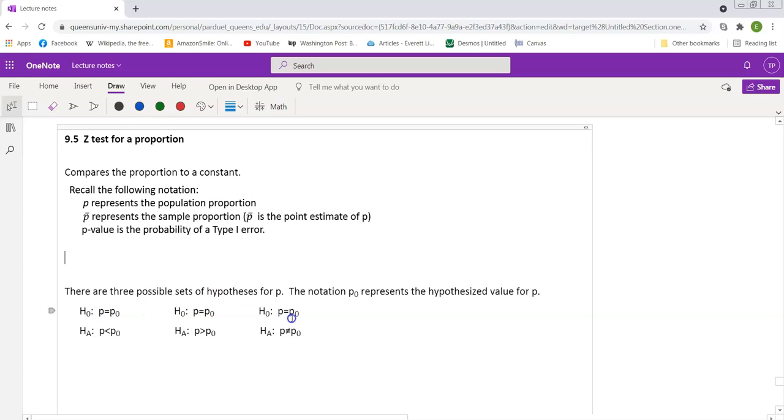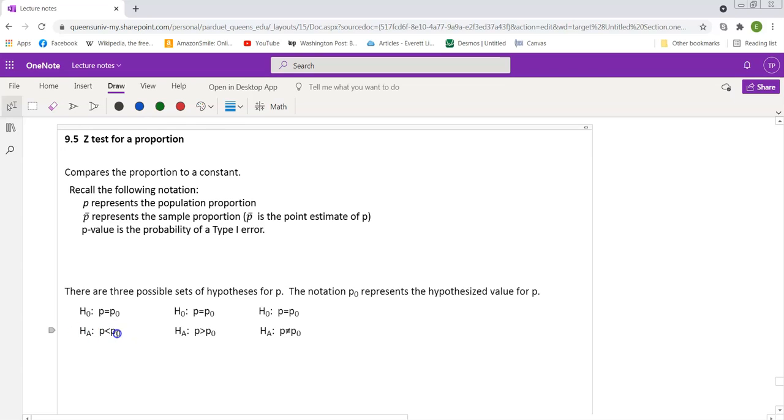So for all of these, our null hypothesis can be written as P equals P naught. Your book will write these as inequalities, but you don't have to do that. You can just write them as equalities, because I think that makes it easier, but whichever way you want to do it is okay.